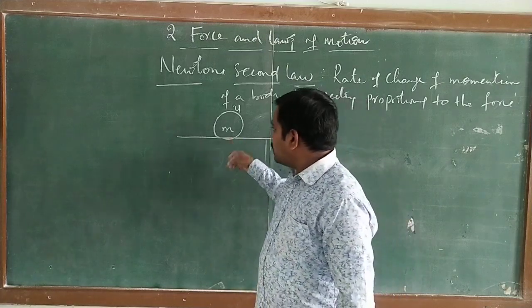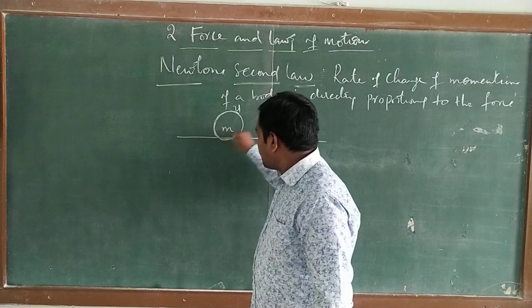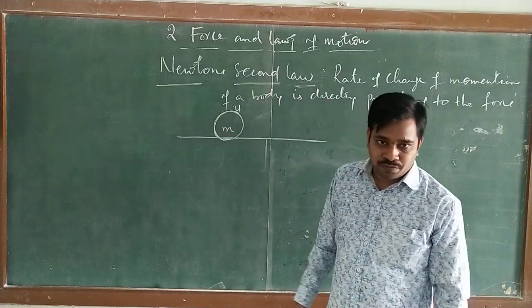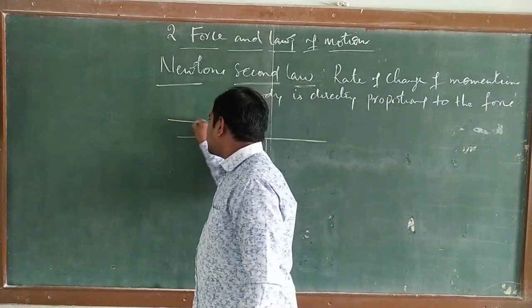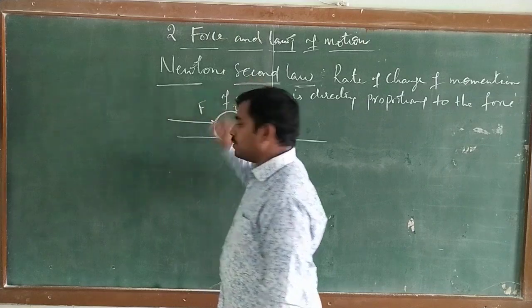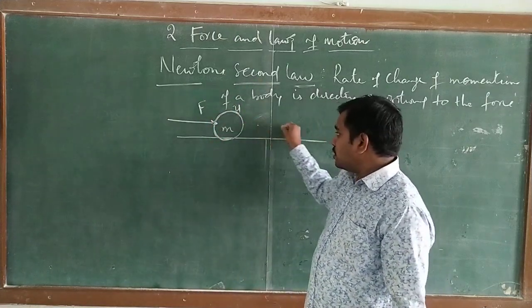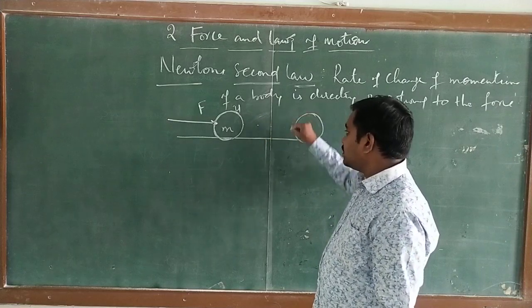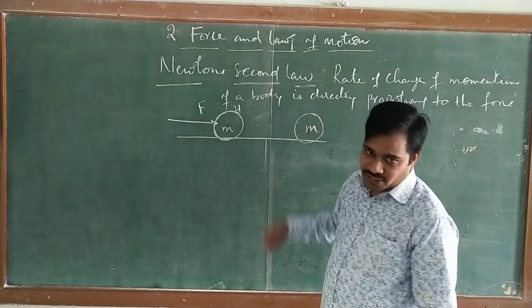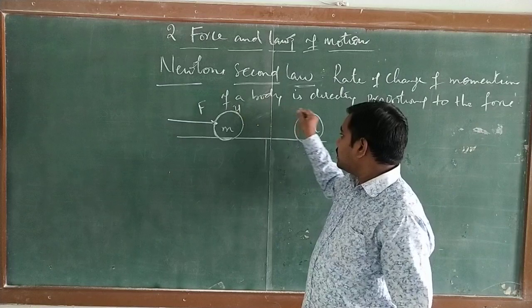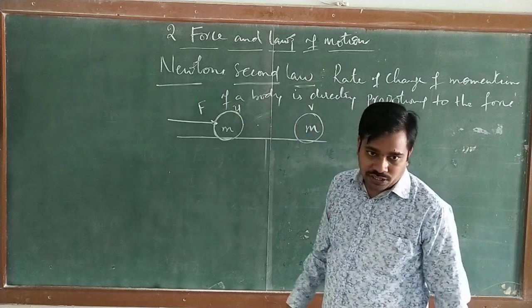Now consider a body of mass m and initial velocity u. Now apply some force on the body. Whenever you apply force on a body, the body is going to come into motion. Mass does not change, but the velocity is going to change.